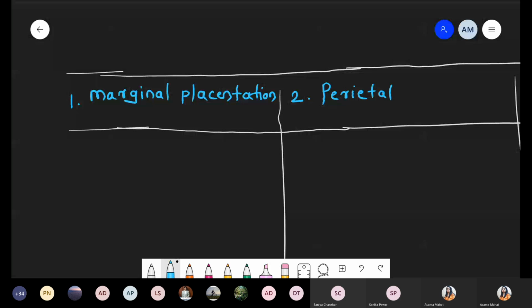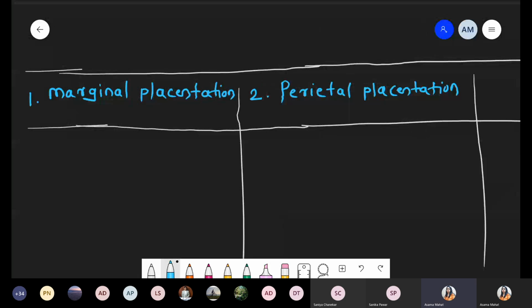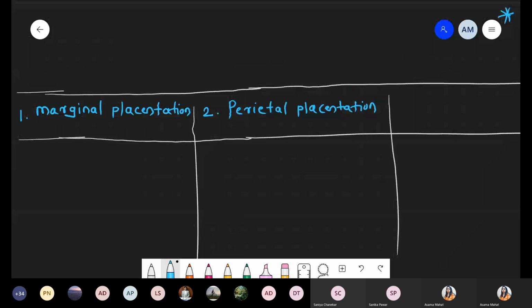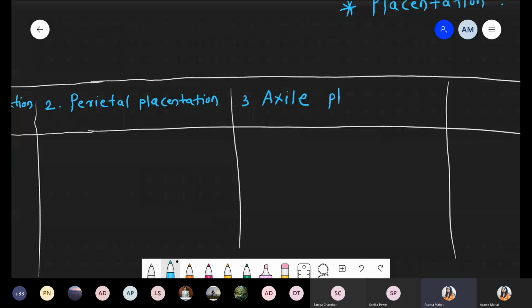Number 3 is axial placentation. Marginal placentation, parietal placentation, axial placentation.